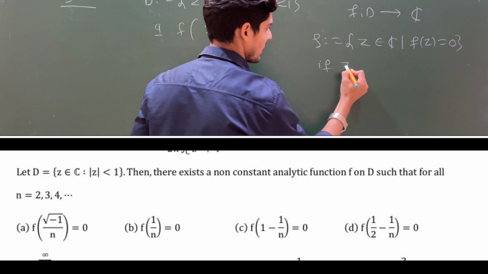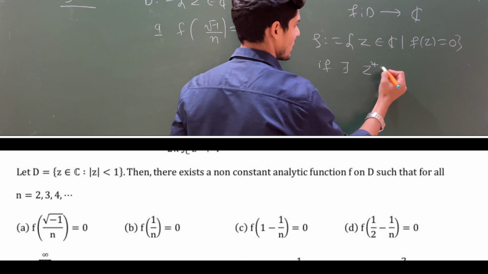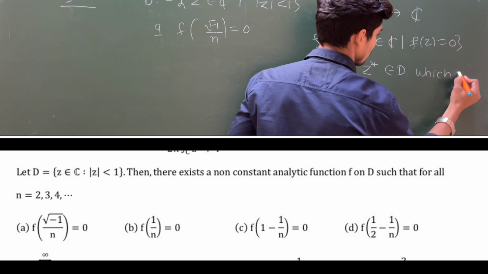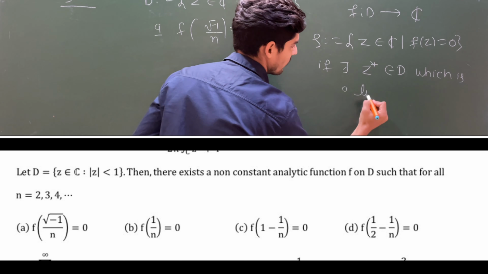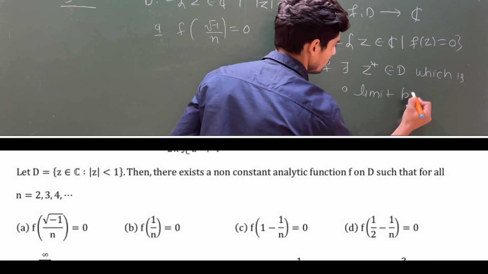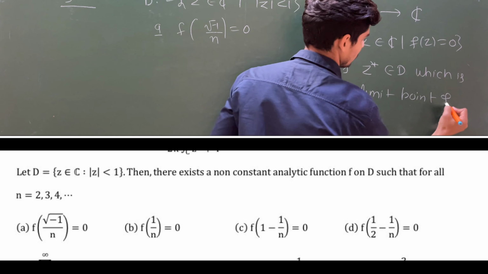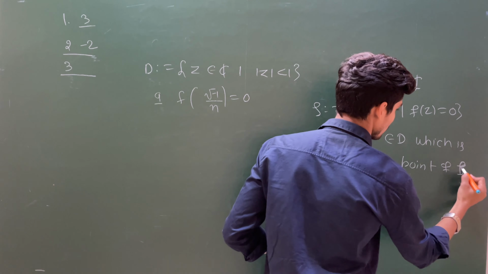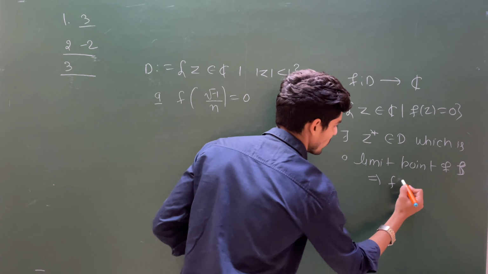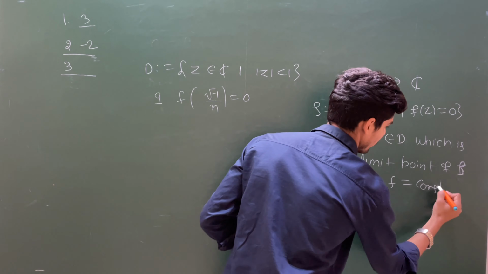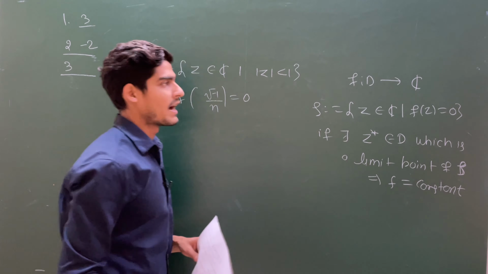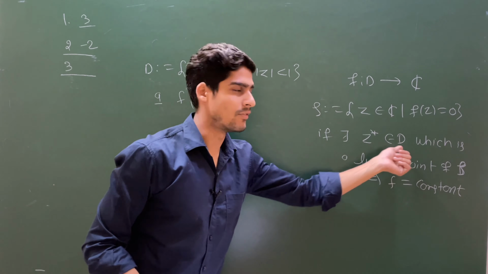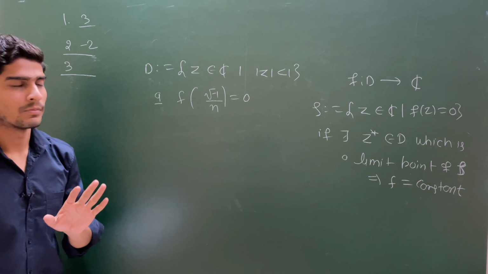If there exists z star inside D, which is a limit point of S, this implies your f is a constant function. So this is my identity theorem. But this z star should be inside D. If it is not inside D, then there is no problem.